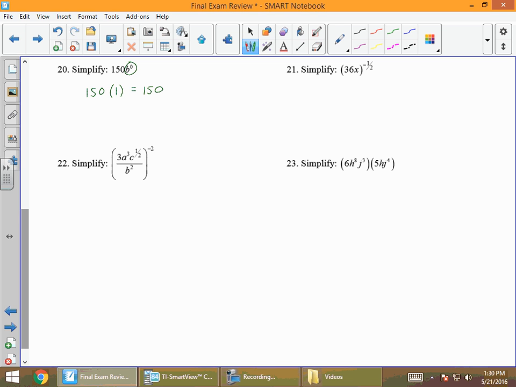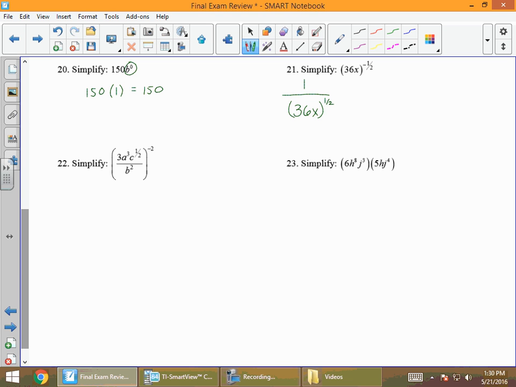Number 21. If you see a negative exponent just means to take this 36x and put it underneath 1 when I raise it to that power.